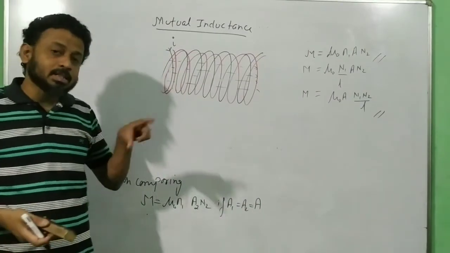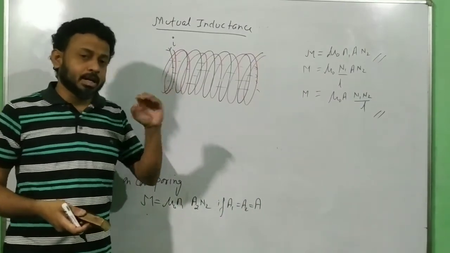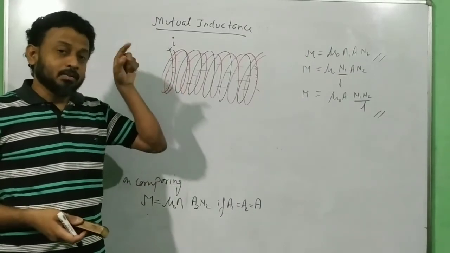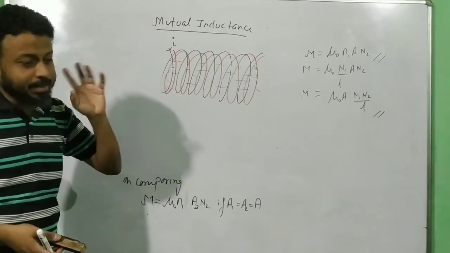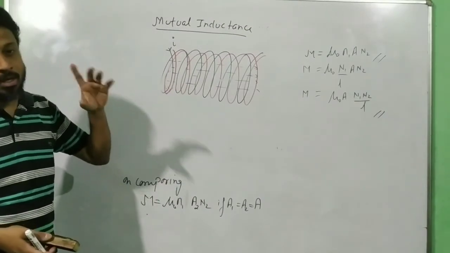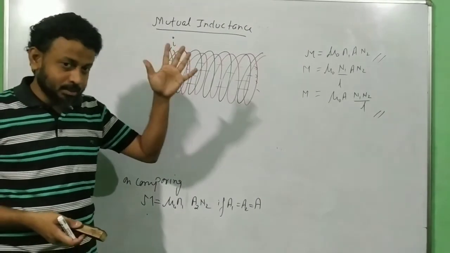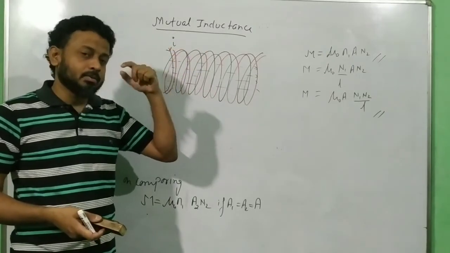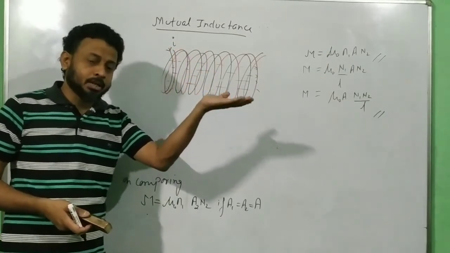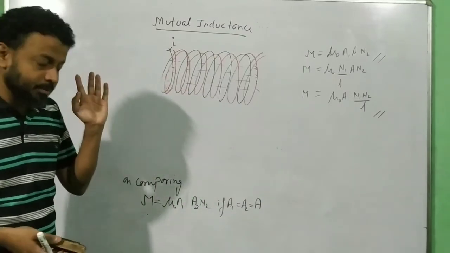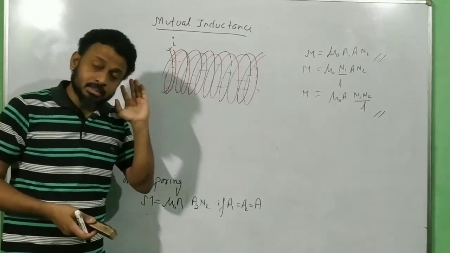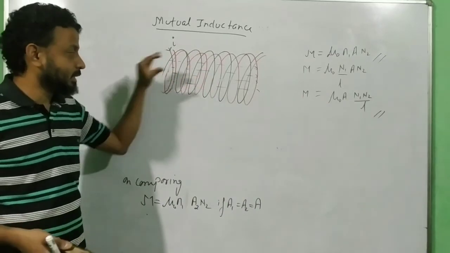If it is decreasing, it will try to develop an induced current in the same direction as the main current in the first coil. That's the whole idea of induced current in a coil. Whenever the flux is increasing due to the current, it will create an induced current in the opposite direction, and when the flux is decreasing, the induced current will develop in the same direction, if it is coaxial like this.